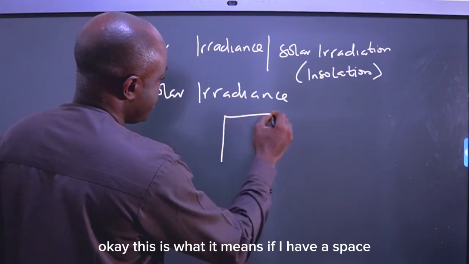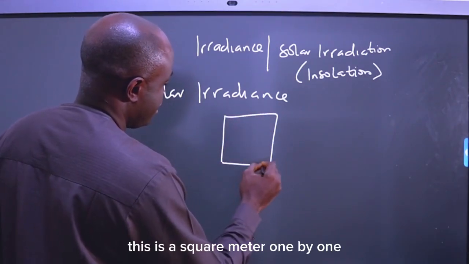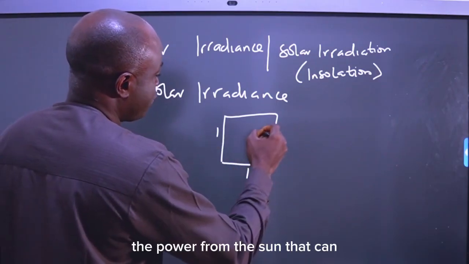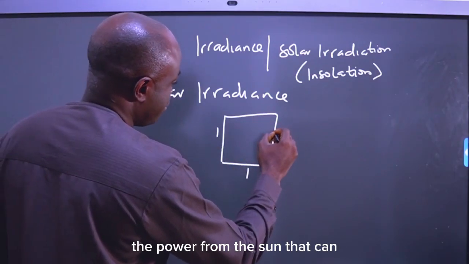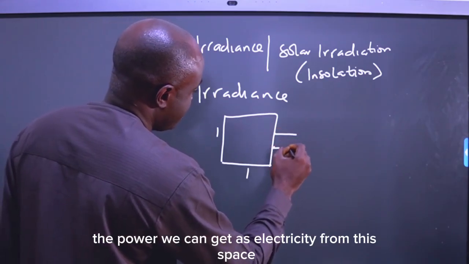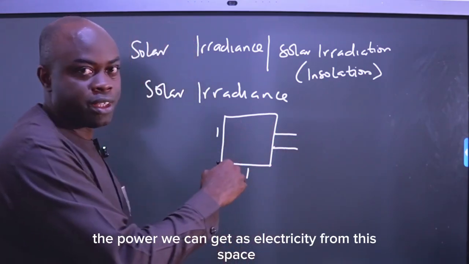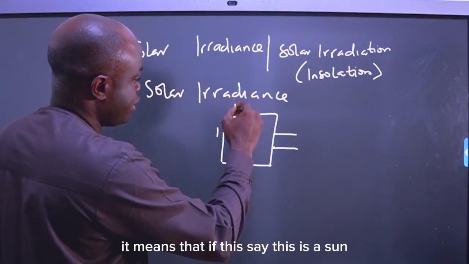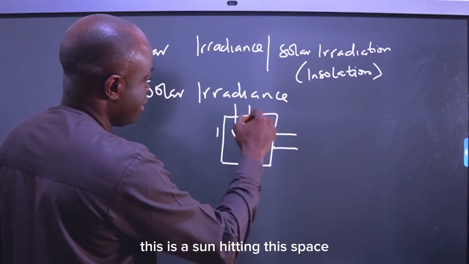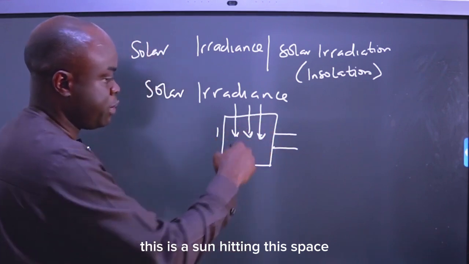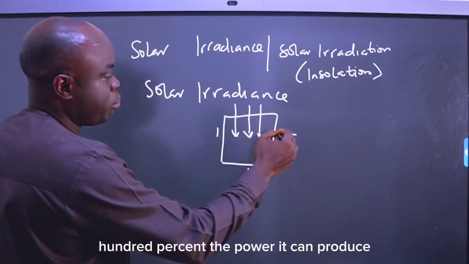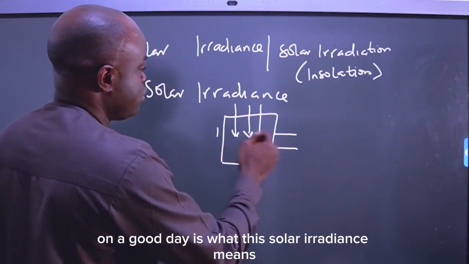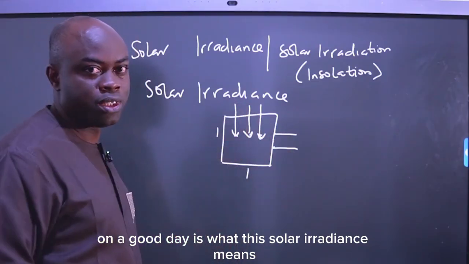If I have a space, a square meter, 1 by 1, the power we can get as electricity from this space is what solar irradiance means. If the sun is hitting this space 100%, the power it can produce on a good day is what solar irradiance means.